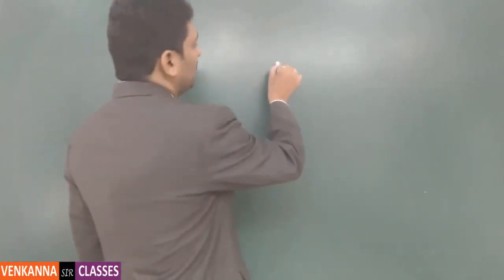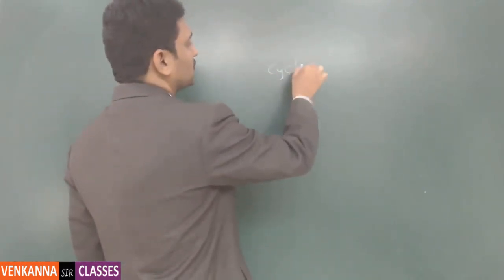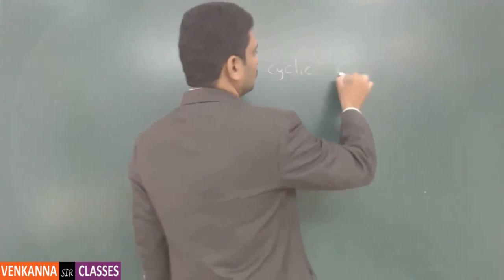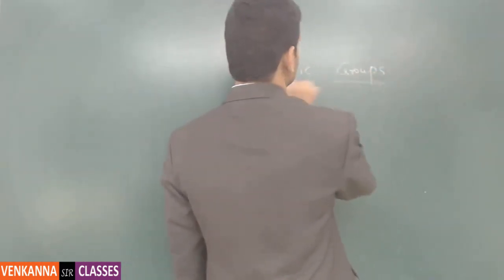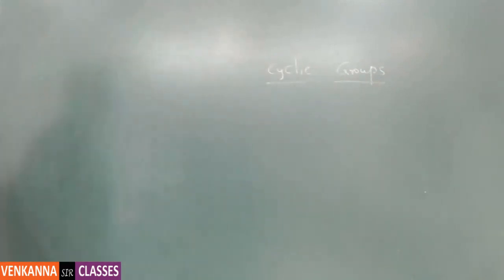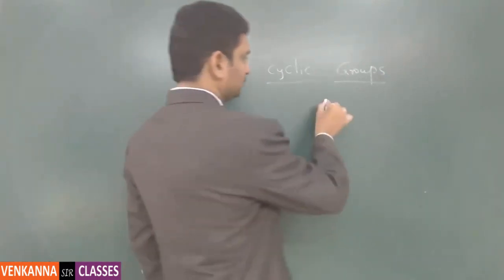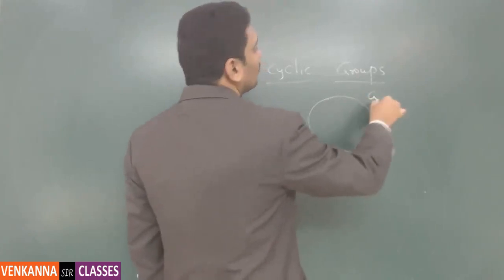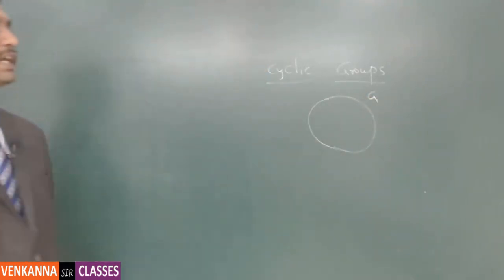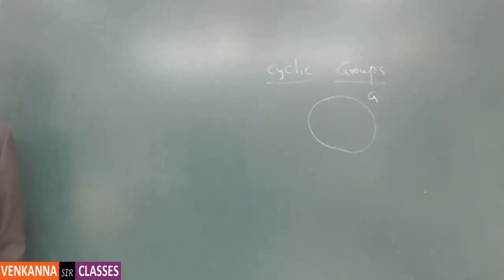So now we begin with the chapter cyclic groups. It is a very simple thing. Suppose you take a group G. Let me say it's a finite group.